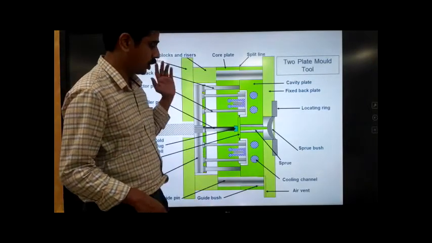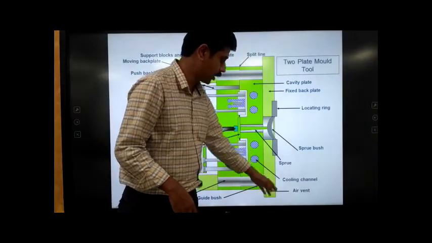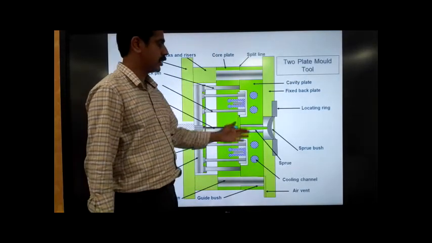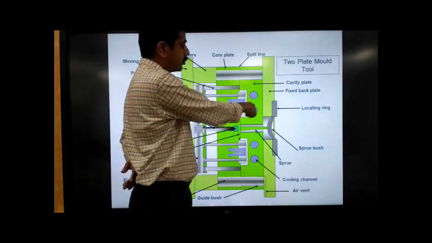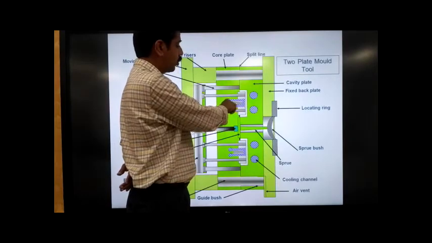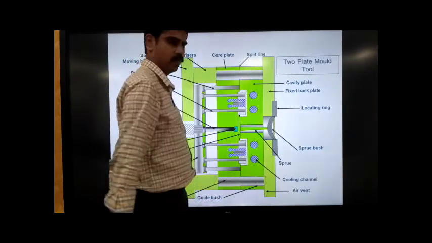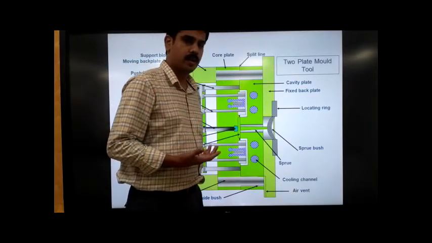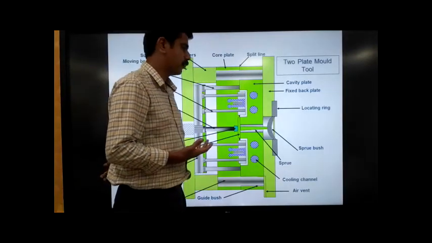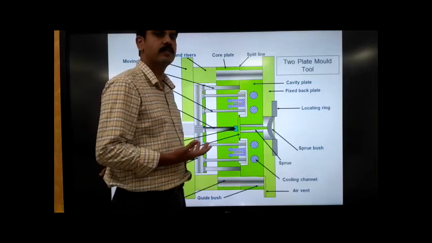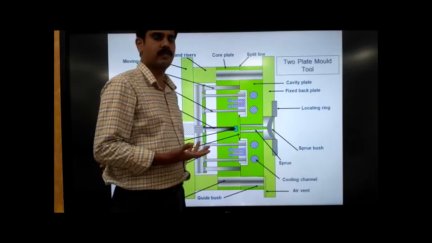And as we have already mentioned, we have cooling channels. Here you can see big cooling channels drilled at the cavity side, and at the core side we also have a cooling channel provided. And why is this cooling very important? Suppose we take the example of a thermoplastic material, say polyethylene for easy understanding.